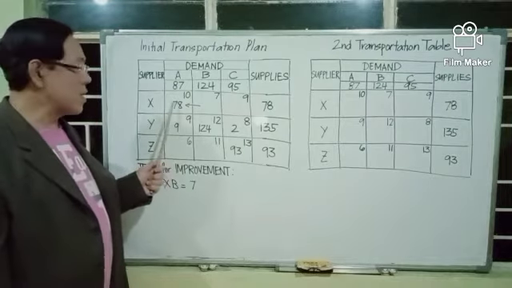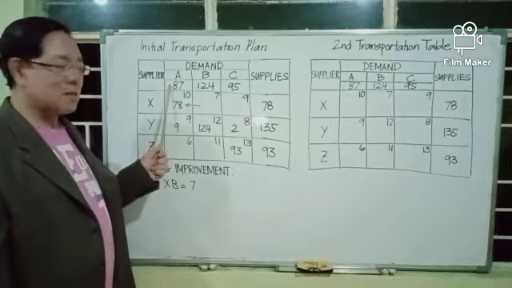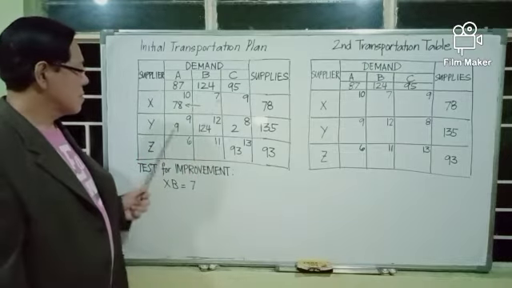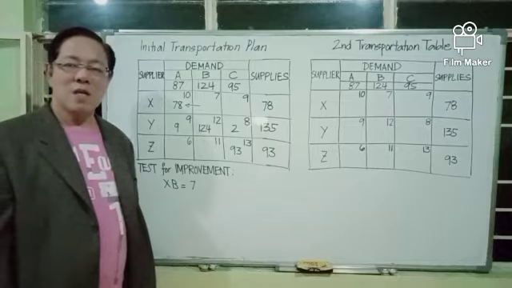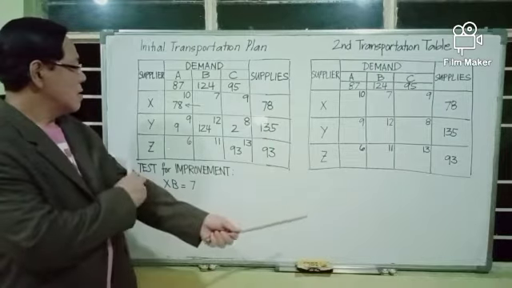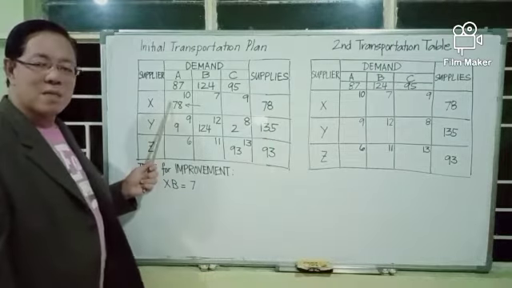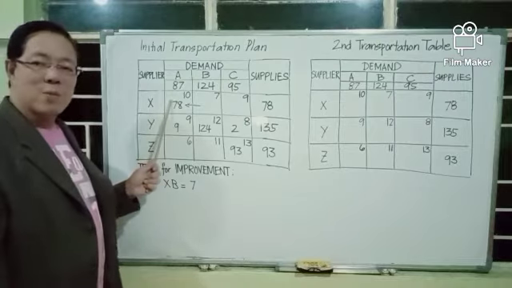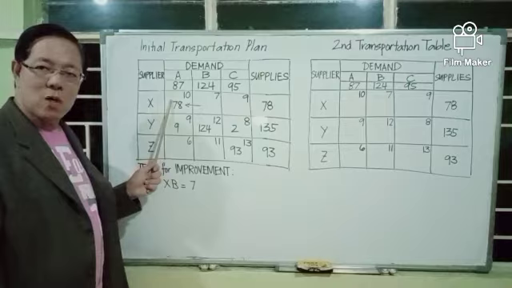Now, you cannot move vertically upward because this cell is not part of the cells we are considering. Hence, from this cell, 78, with 78 units, we move vertically downward.